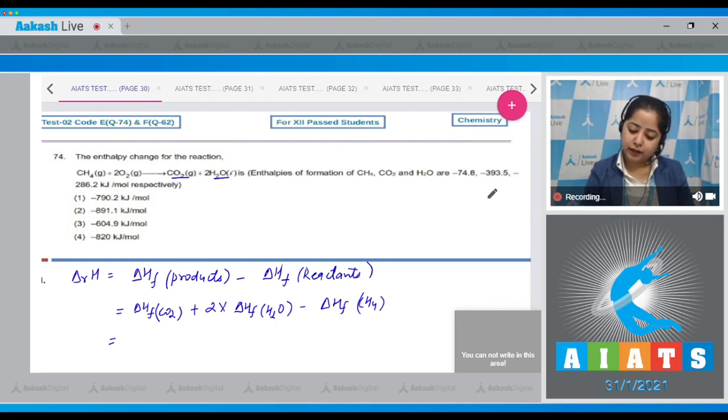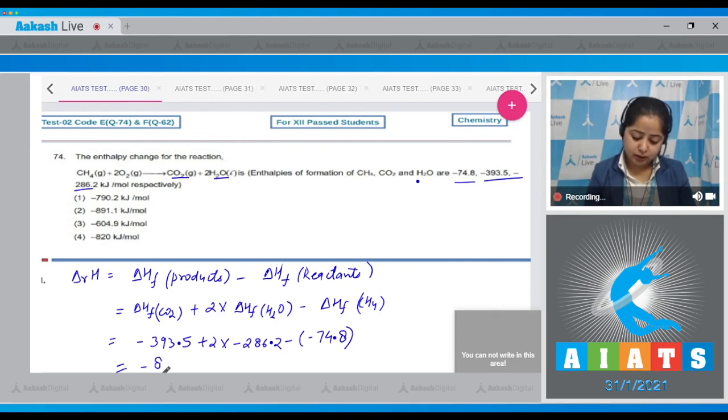For CO2 the value is minus 393.5, so minus 393.5 plus 2 into enthalpy of formation of H2O, which is minus 286.2, minus enthalpy of formation of CH4, which is minus 74.8. The overall value is minus 891.1 kilojoule per mole. That means the correct answer for this question is option number 2.